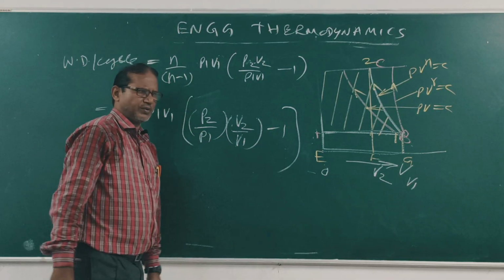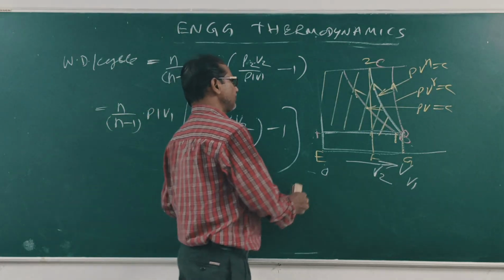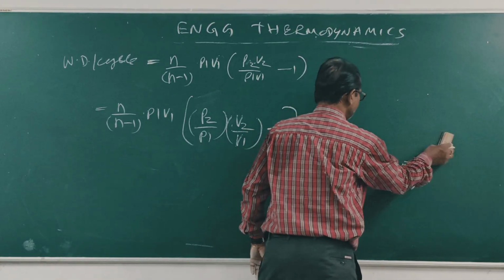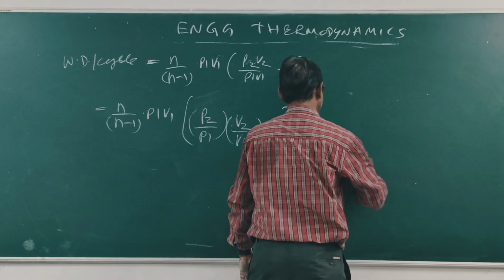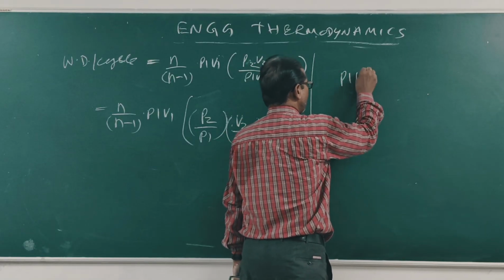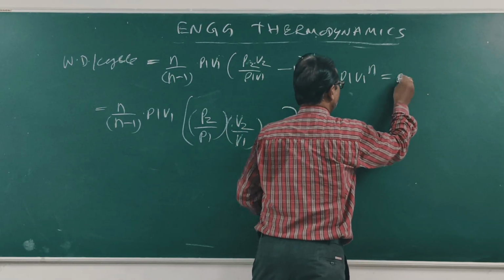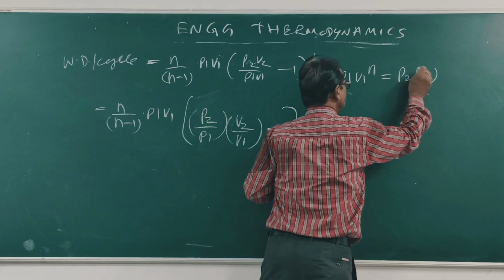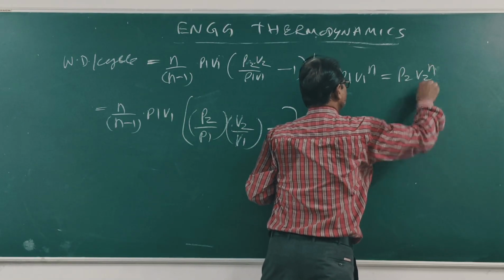So what is V2 by V1? In this equation, P1 V1 to the power n is equal to P2 V2 to the power n.